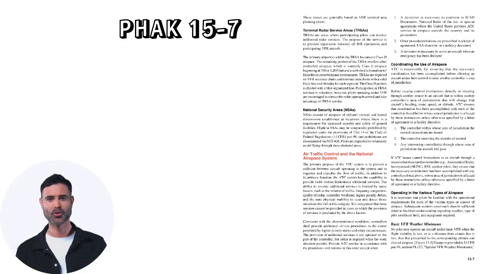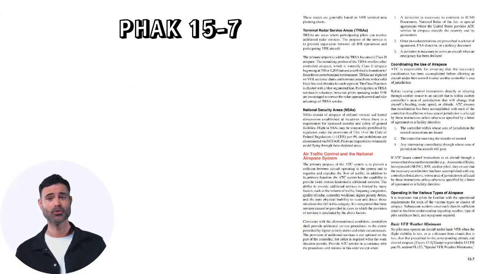Before issuing control instructions directly or relaying through another source to an aircraft that is within another controller's area of jurisdiction that will change that aircraft's heading, route, speed, or altitude, ATC ensures that coordination has been accomplished with each of the controllers listed below, whose area of jurisdiction is affected by those instructions unless otherwise specified by a letter of agreement or a facility directive.